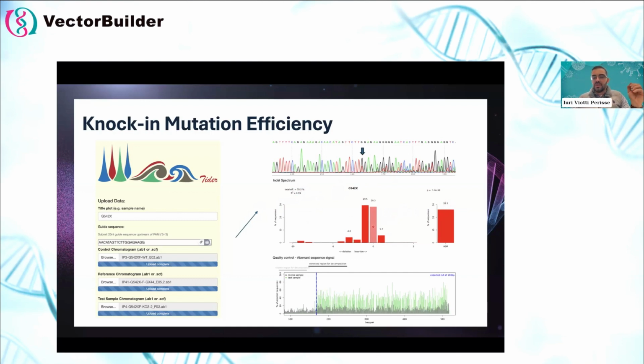So if you see the knockout, the wild type version is actually 28% of the whole PCR product.